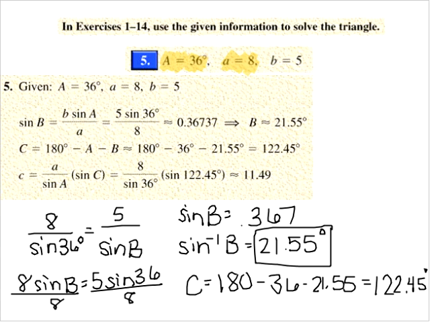And then to find your last side, that's side C, you have to set up another proportion. Look, if they already solved for C in their proportion here, that's okay. Otherwise, you can solve it like this, only instead of 5, we're looking for side C, and we know that angle C is your 122.45. So you can set up your proportion that way to help you solve. Doing that, we get about 11.49 or 11.5.